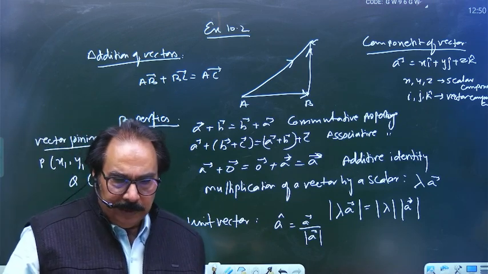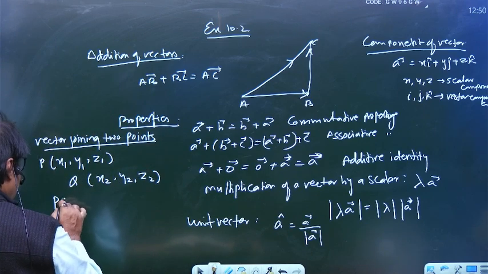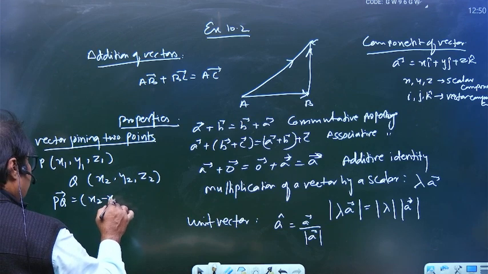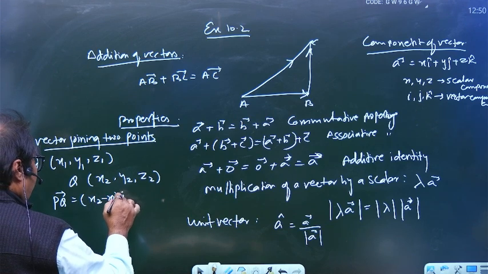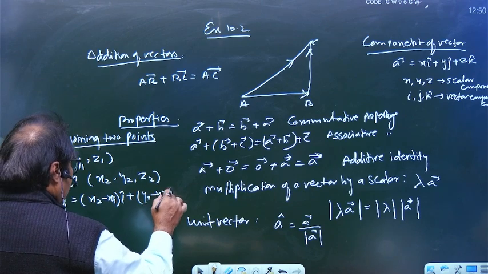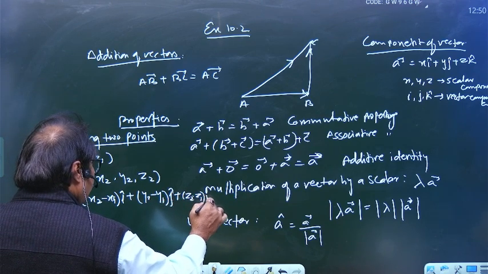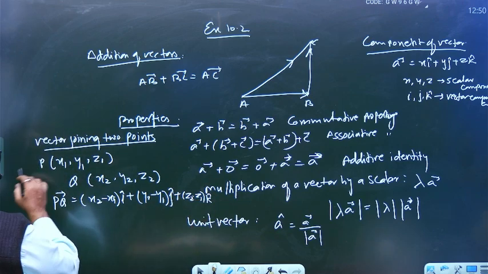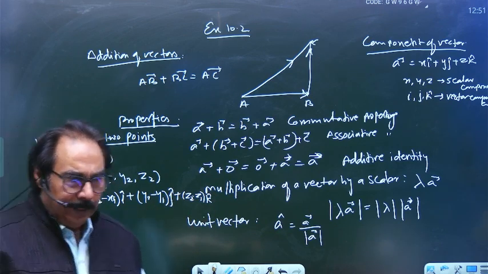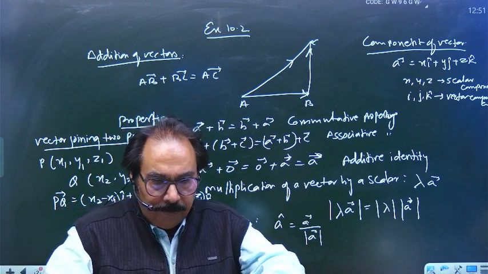Then vector PQ is equal to x2 minus x1 i cap, plus y2 minus y1 j cap, plus z2 minus z1 k cap. This is the formula to find the vector if two points are given.